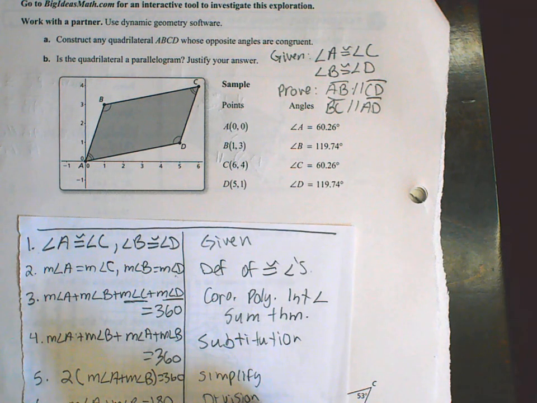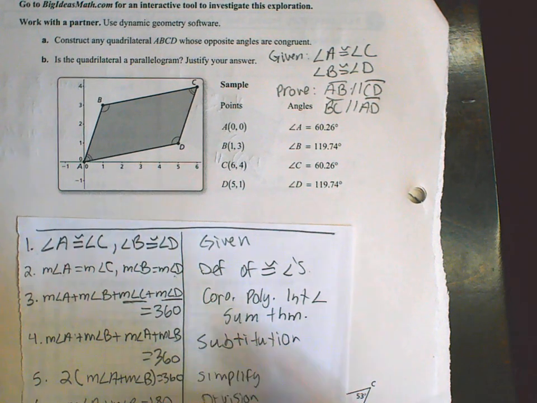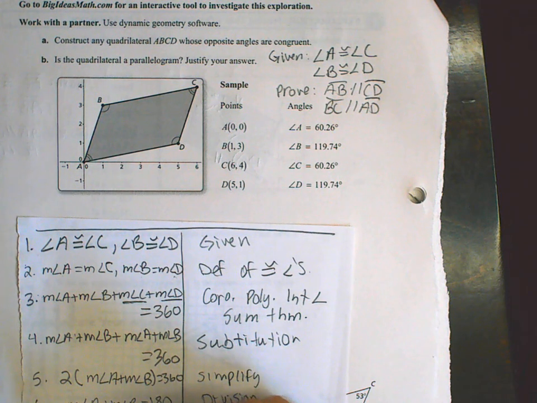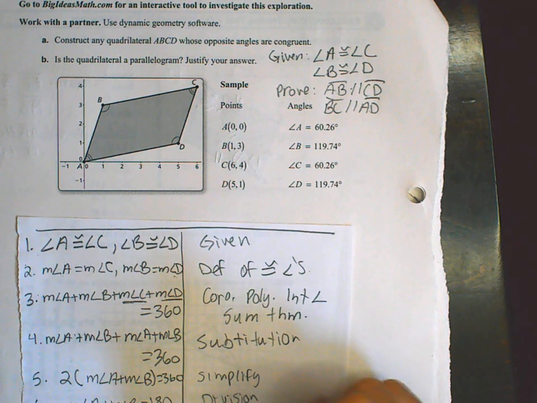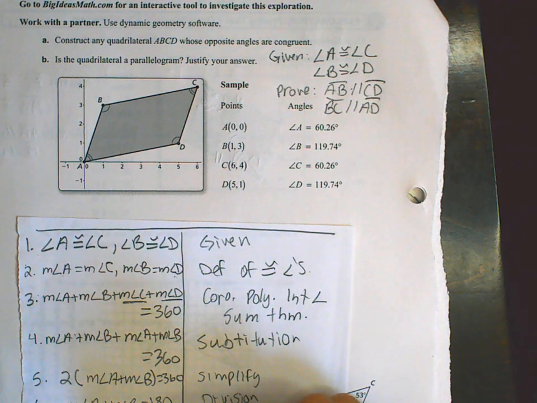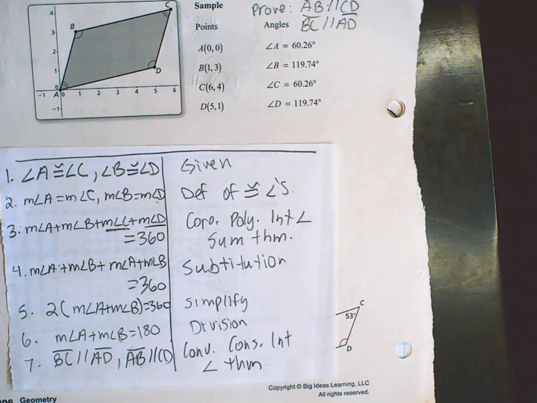So we're going to save a step here and say that AB is parallel to CD. This is by the converse of the consecutive interior angle theorem. Sorry, can't see it. Pause the video so you can copy the notes.